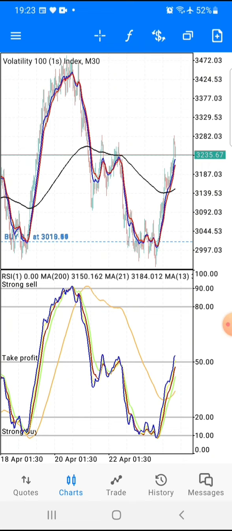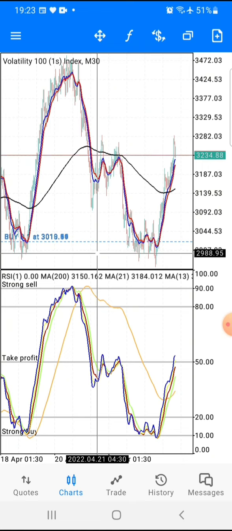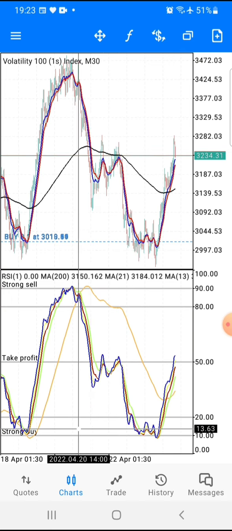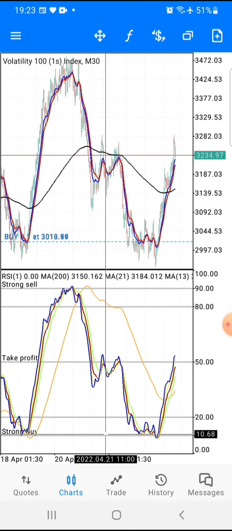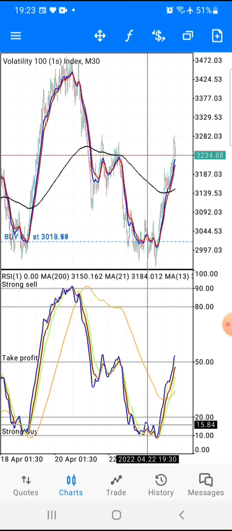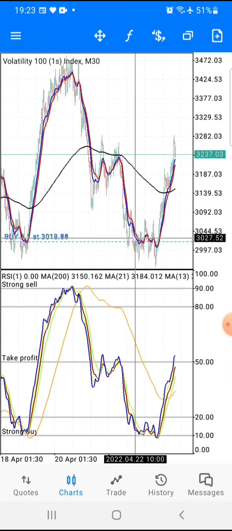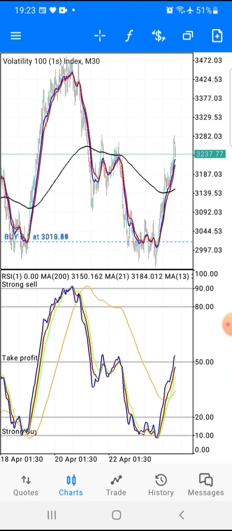So we start like this, guys. You know why I entered this trade? I entered this trade because it was on the strong buy line, it was saying strong buy. Let me zoom in a little bit.